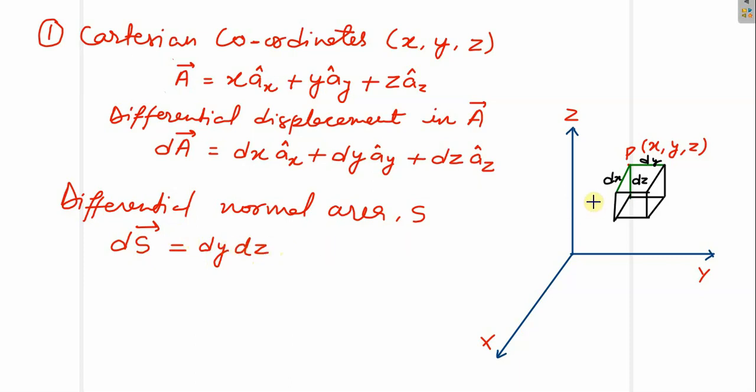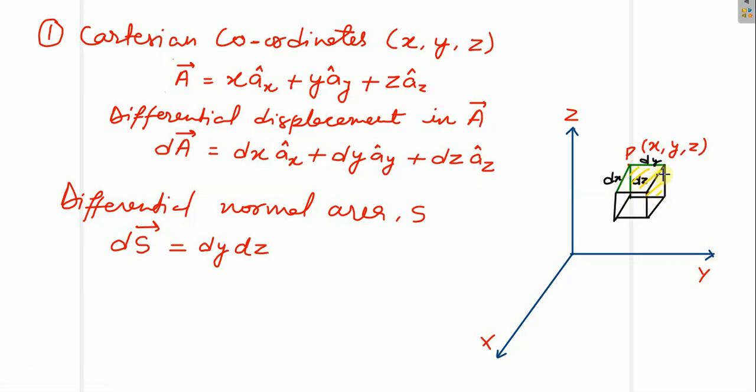So if I am taking any area which is made by dy as length and dz as width, the area is given by length into width. Let's say I am talking of this particular area, this length is dy and this width is dz.